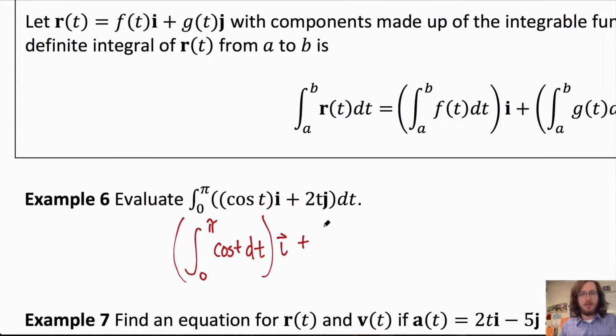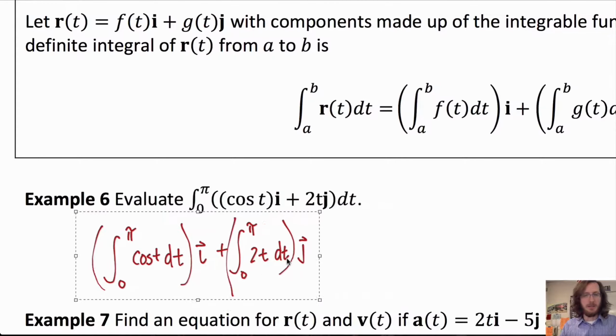And we're going to add that to the integral from 0 to pi of our vertical component, dt, times vector j.